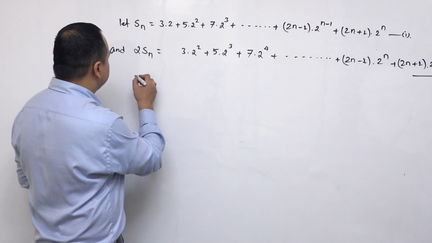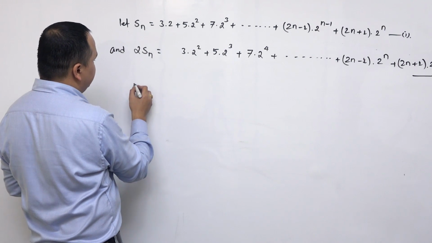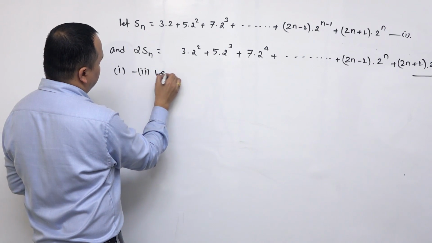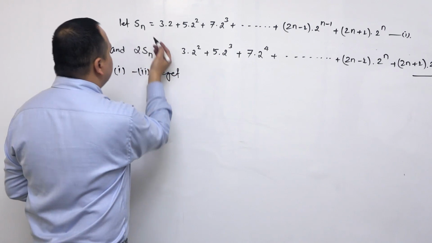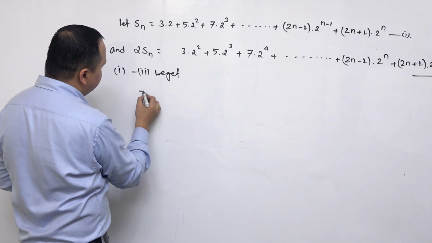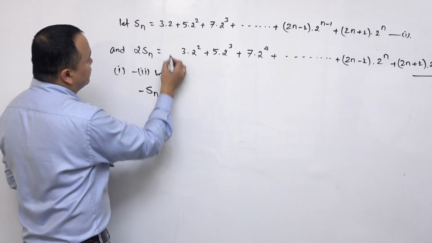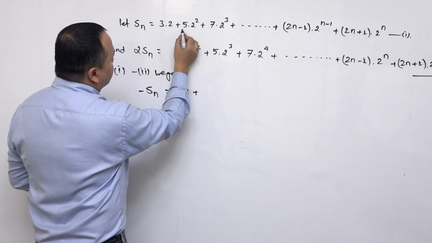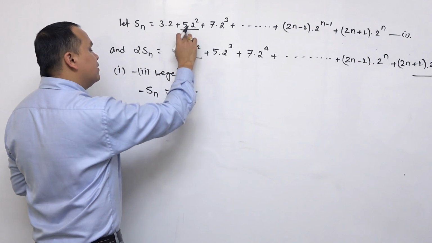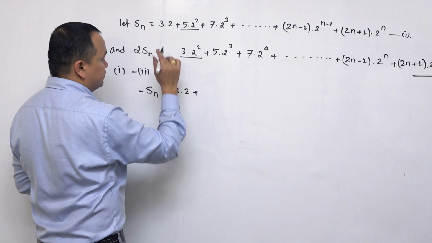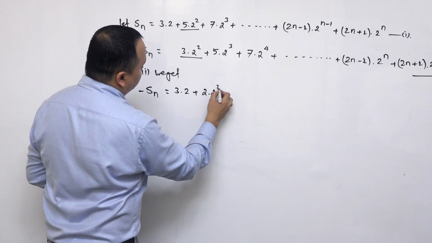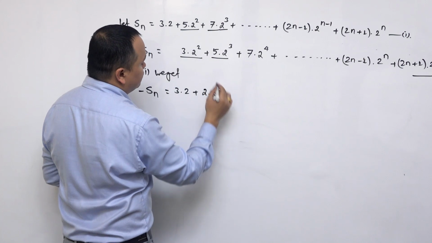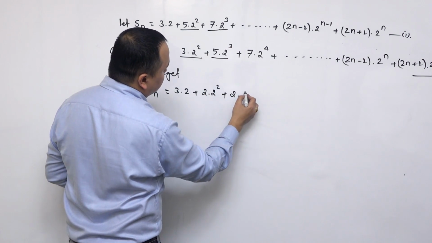Now I minus II. We get Sn minus 2Sn, which is minus Sn. Minus Sn is 3 into 2, and this minus this, the 5 minus 3, 2 into 2 square, 7 minus 5, 2 into 2 cube.